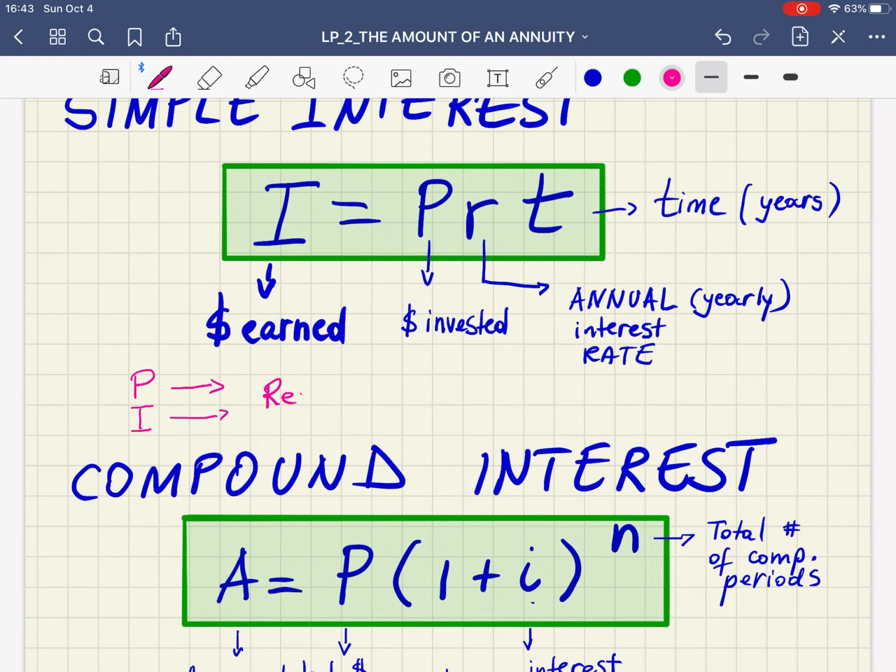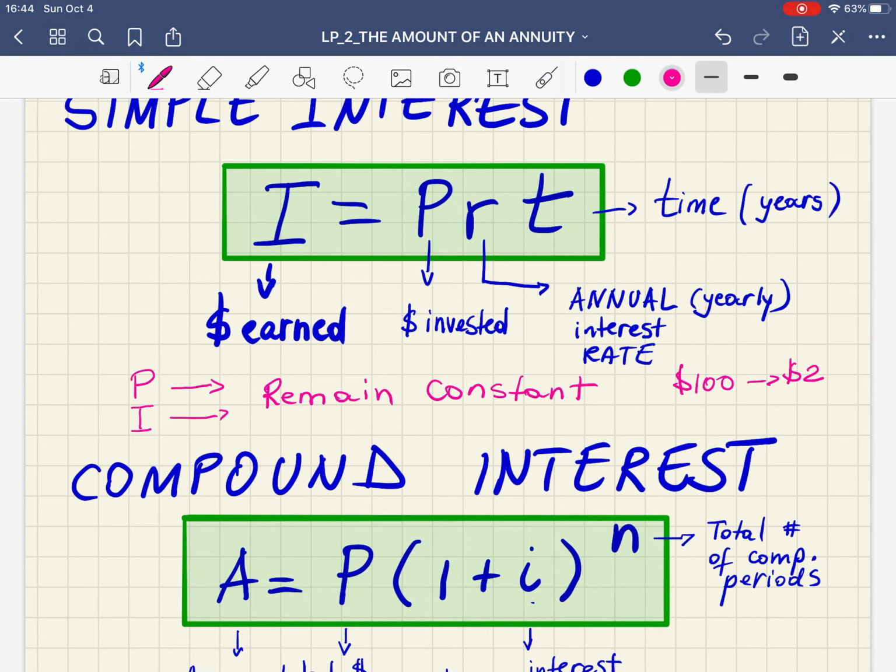So what happens is that if you are investing $100 in a simple interest account, then the amount of money that you invest, the $100, will give you, let's say at 2%, $2 at the end of the year.